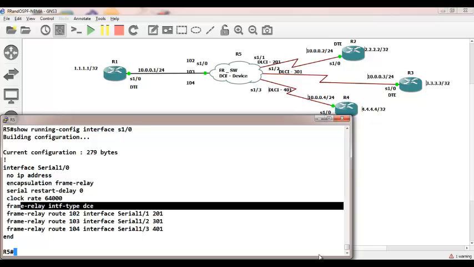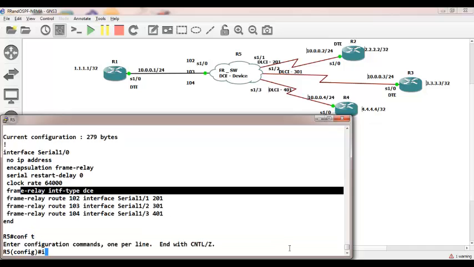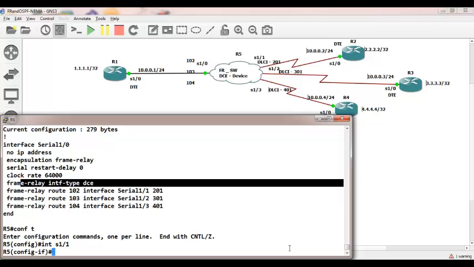Now I'm going to configure the similar thing on interface serial 1/1, which is connecting to router 2. Everyone see where is 1/1? 1/1 on R5 connects to where? R2. I go here and say same commands.